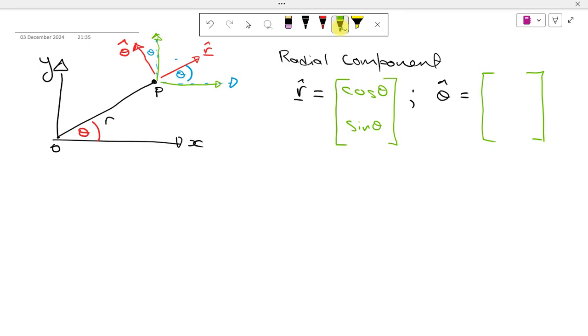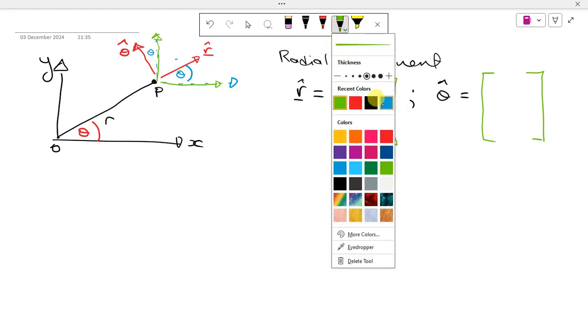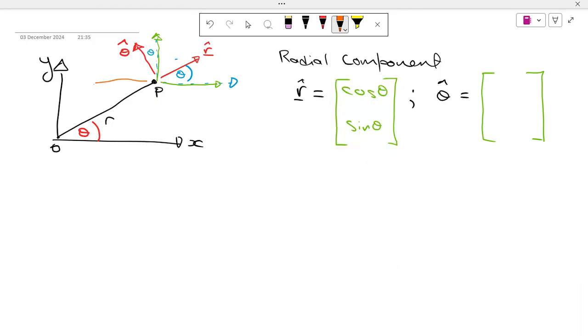So anyway, theta hat. If you look at the horizontal component, maybe we should change to orange for this. So for theta hat, there's a green component up there, just like there was for the r hat component, but there's also a horizontal component along here.